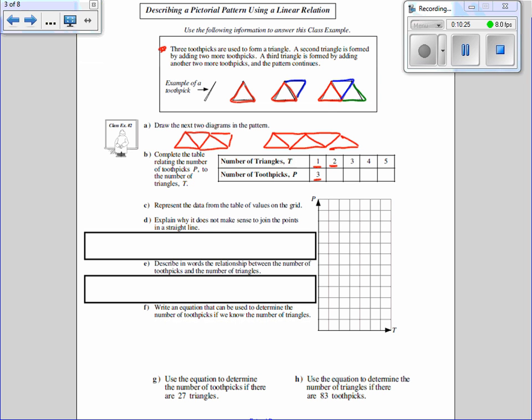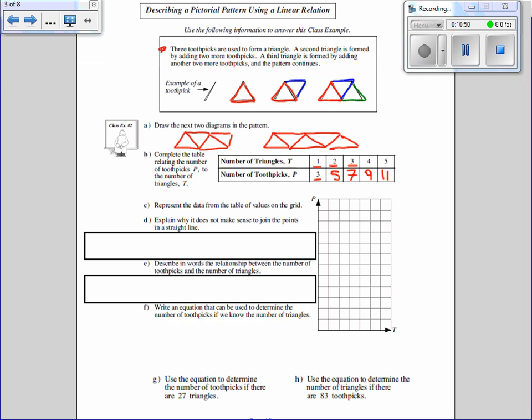Well, we would need 5 toothpicks. How many toothpicks would we need if we wanted 3 triangles? Well, we would need 7 toothpicks. And you notice the pattern that you're just always increasing the number of toothpicks by 2. That's not a coincidence.